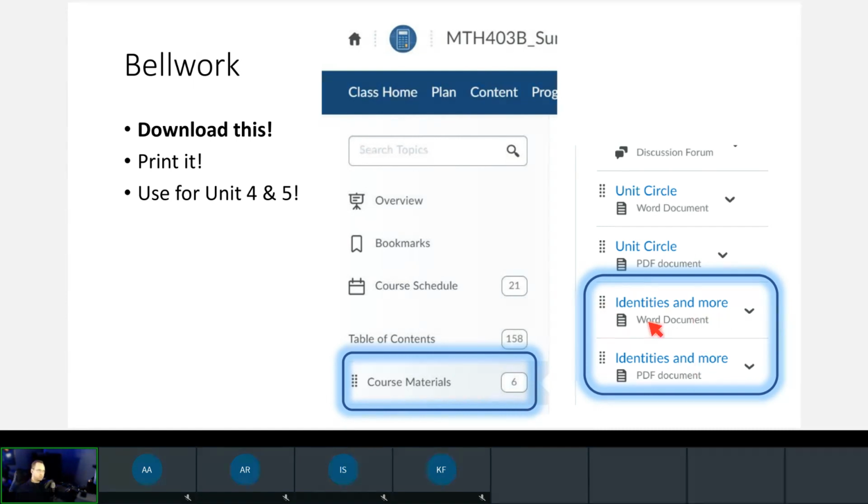If you click on the Word document, Antonio, do we call this OHS or OLS? OHS, online high school. Okay. So in OHS, if you click on the Word document, the first page is blank.